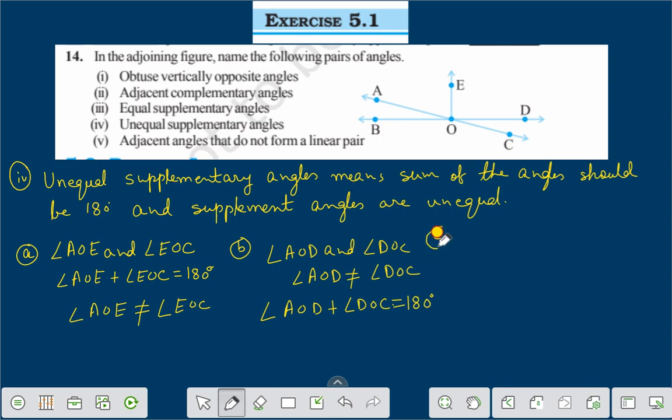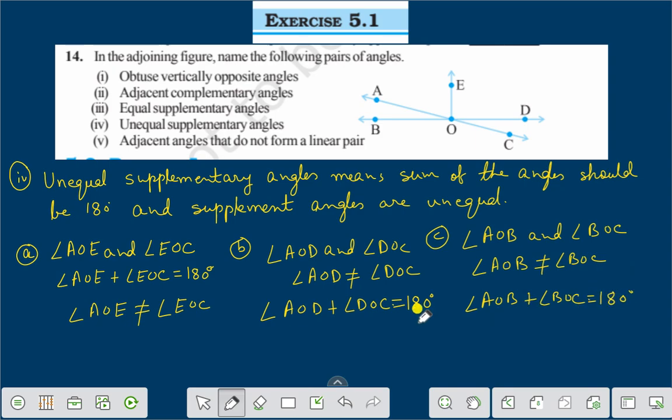Now another pair we see here is angle AOB and angle BOC. Here also you see that angle AOB is not equal to angle BOC, and also angle AOB plus angle BOC is equal to 180 degree.